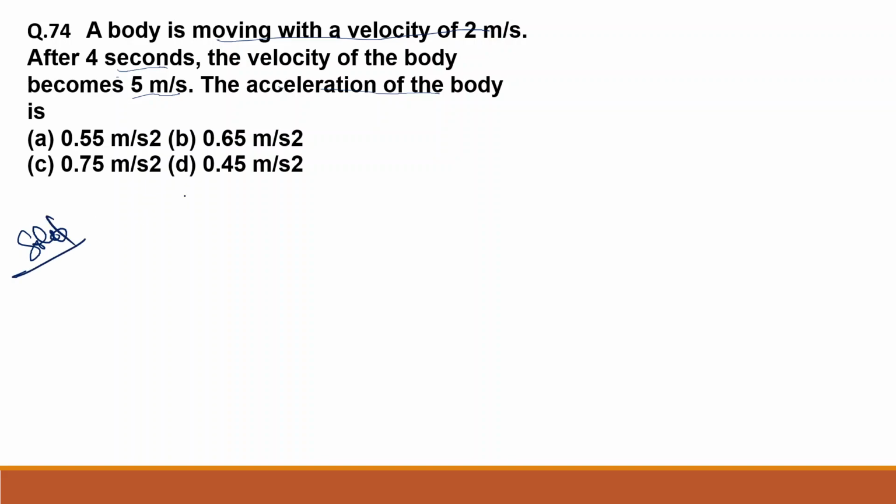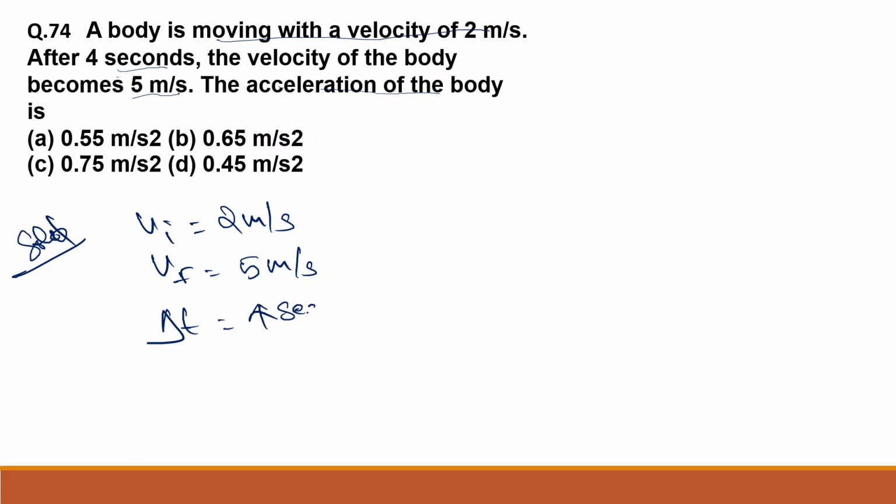Solution. Vi is given, 2 meters per second. Vf also is given, 5 meters per second, and del t is also given, 4 seconds. Acceleration is equal to Vf minus Vi upon del t.